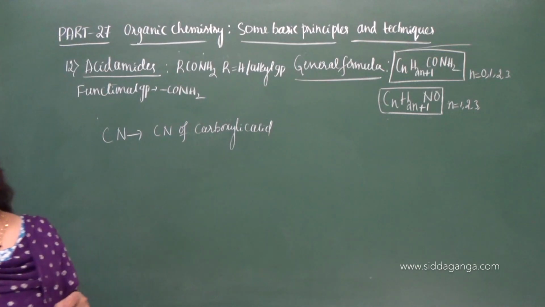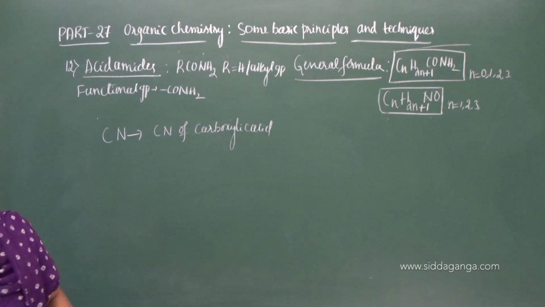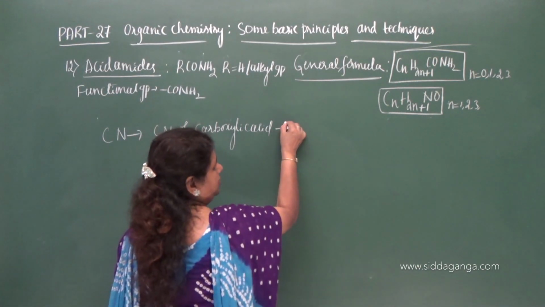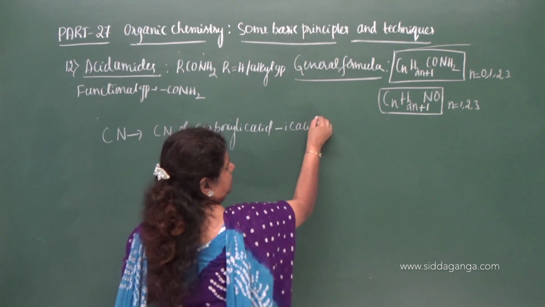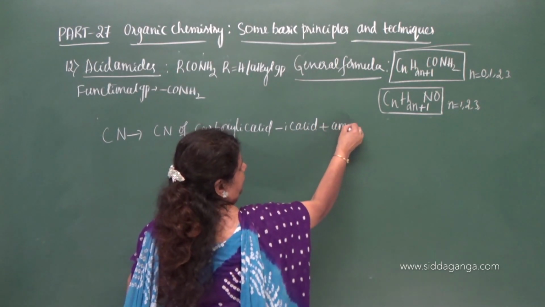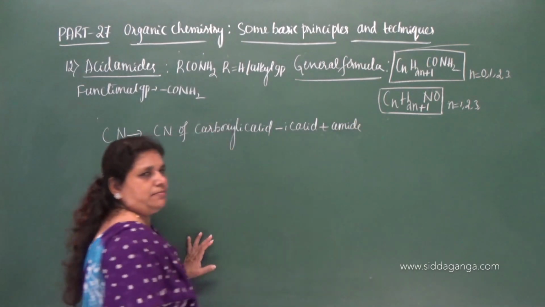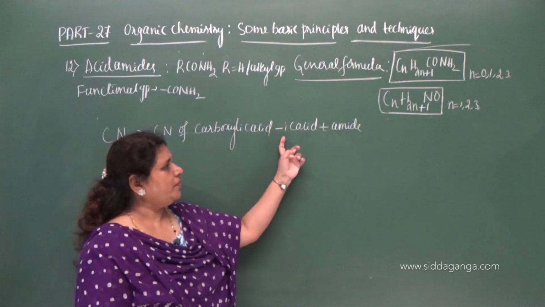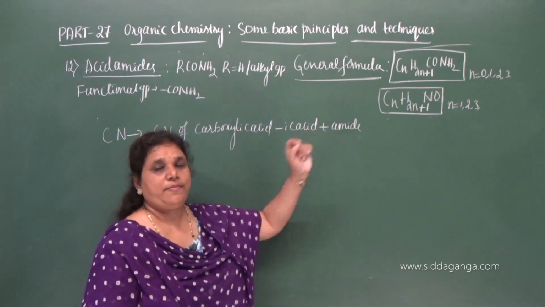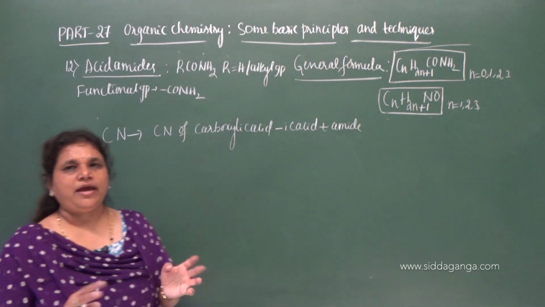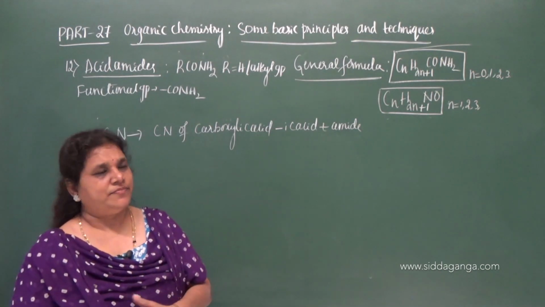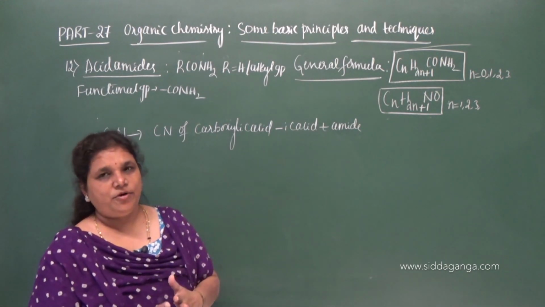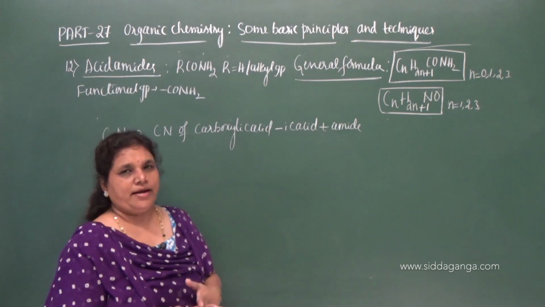From the common name of the carboxylic acid, you have to remove ic acid and add the word amide. Formic acid, formamide. So ic acid is replaced by the word amide.